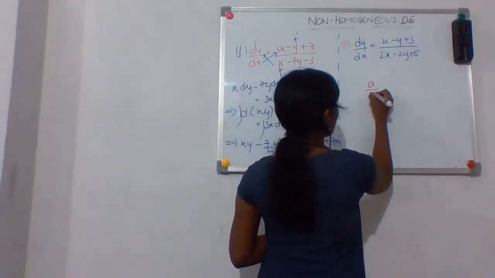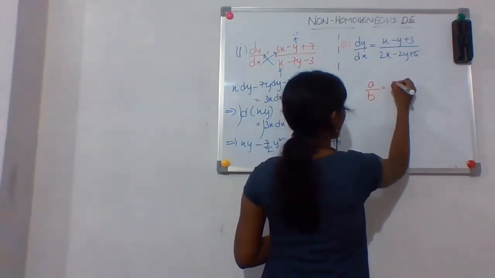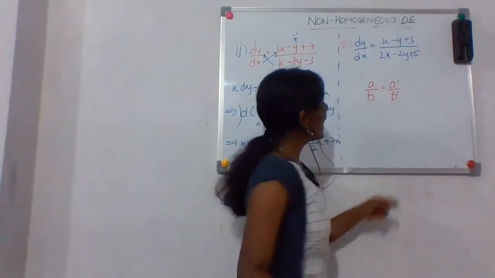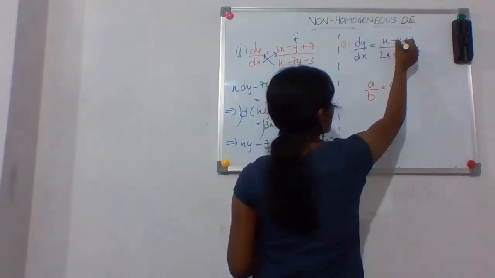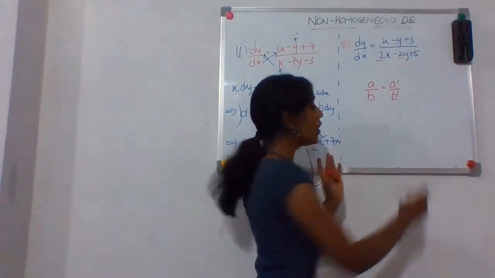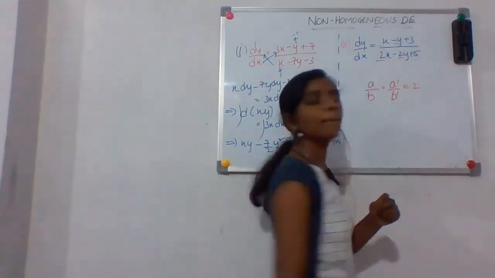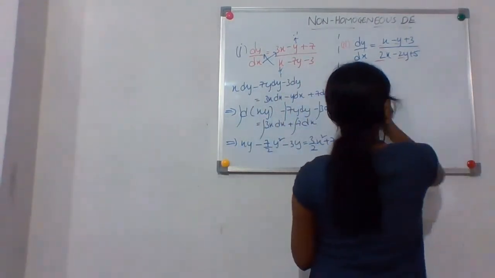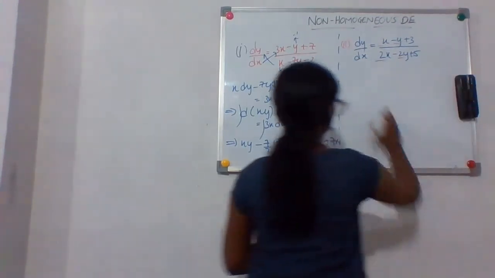A by b is equal to a dash by b dash. A is this one, b is this one, a dash is this one, and b dash is this one. They're in the same ratio. That is, m is 2 over here. Am I right?